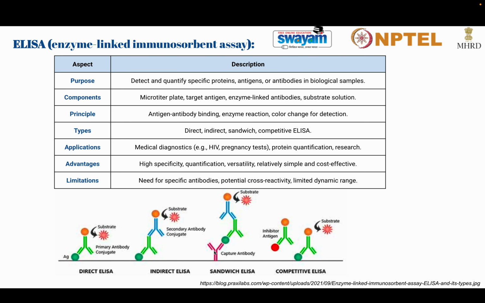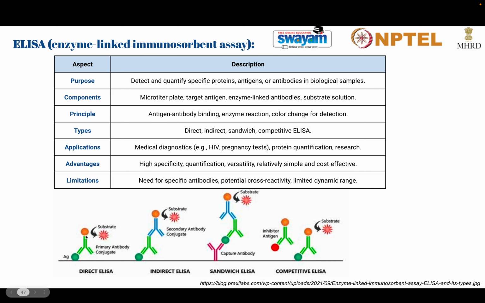And in this figure, I have provided you the different types of ELISA. When the antigen is bound to the microtiter plate and you are providing the antibody, this will be the direct ELISA, in which you have already bound substrate which is bound to this antibody. You will provide the enzyme.